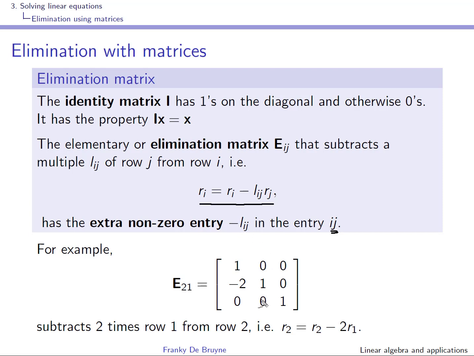So for example, if you want to implement this operation here, we want to create a 0 by subtracting from row 2 times row 1. Well, you take your identity matrix, and since you want to create a 0 in element 2,1, you replace the 0 by the multiplier, with a minus sign.